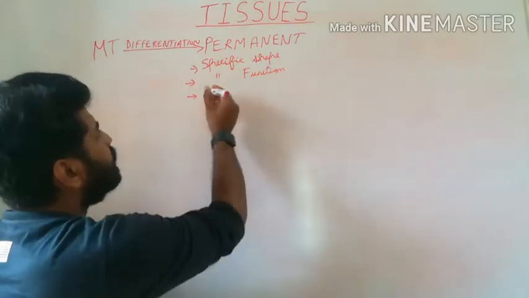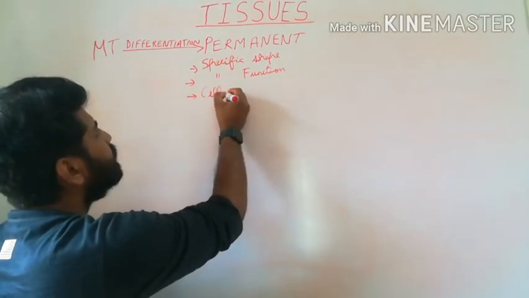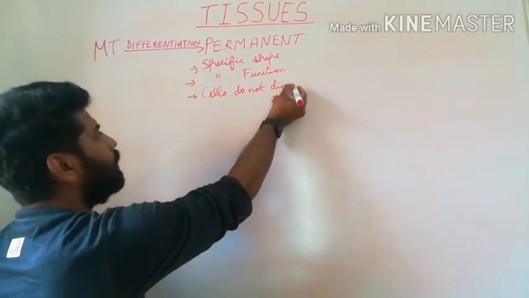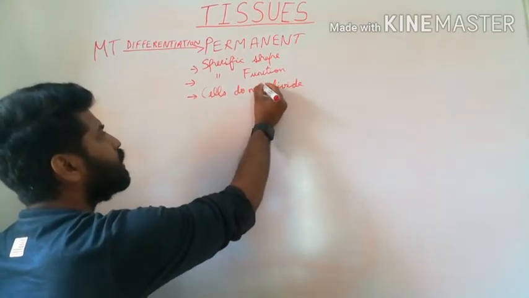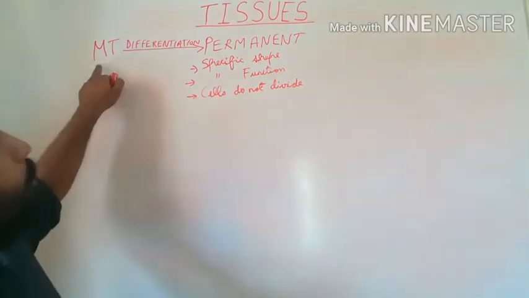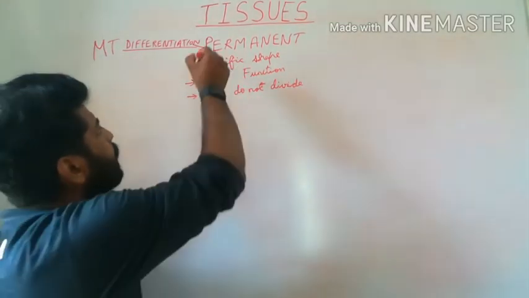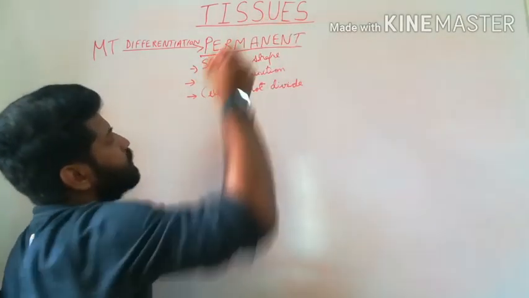Another important point is that the cells of permanent tissues cannot divide, because division is the function of meristematic tissue. So these are the general properties of permanent tissues.